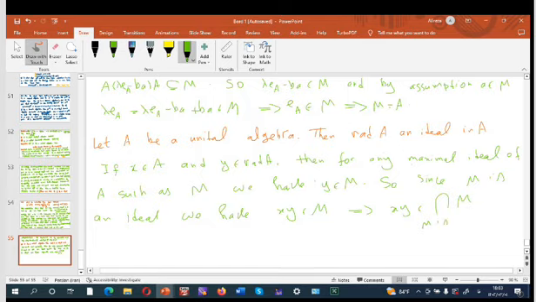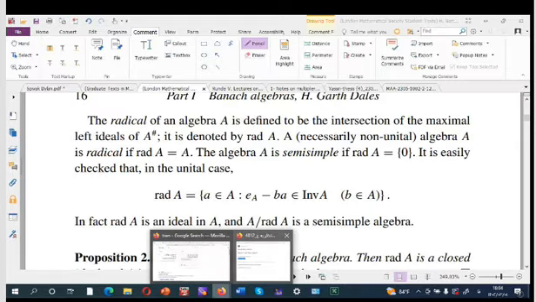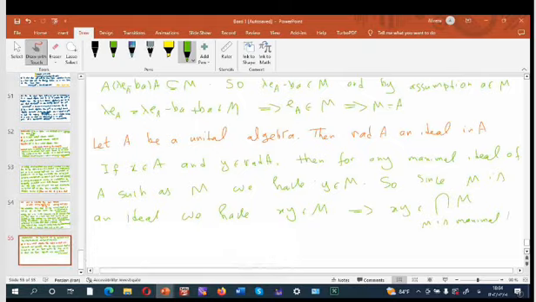M is a maximal left ideal, okay, and this shows that xy must belong to the radical of A.